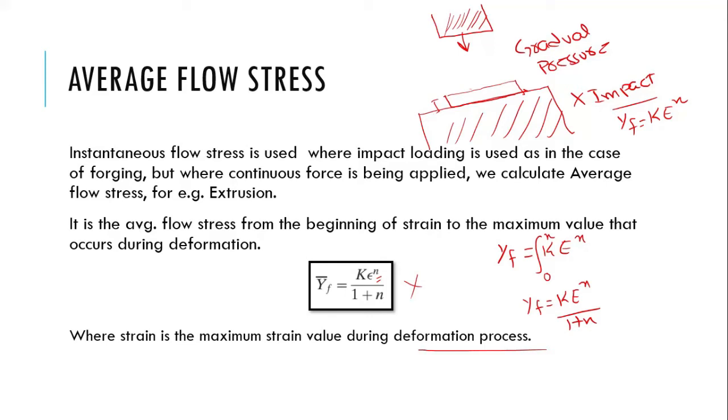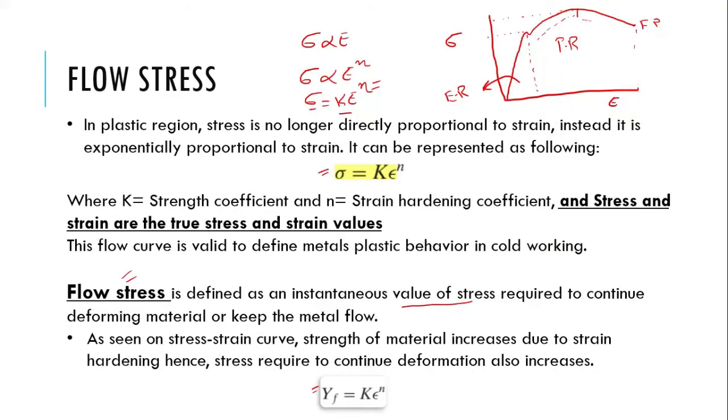So what is the difference between these two stresses? Both are flow stress. And what is the flow stress? The stress that is required to continue the plastic deformation. Now the deformation can occur in two ways. Either we are applying impact loading, a loading that is applied for an instant, or loading that is applied gradually, a gradual uniform or streamlined deformation.